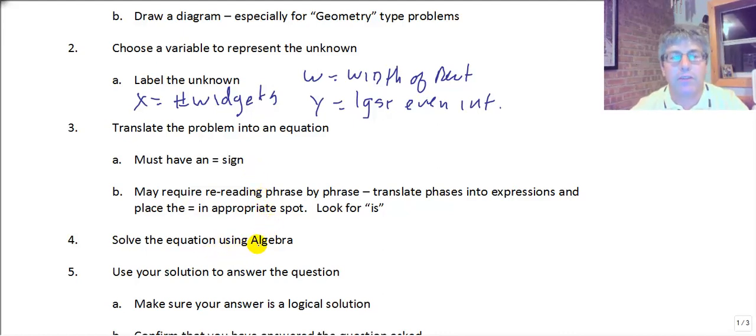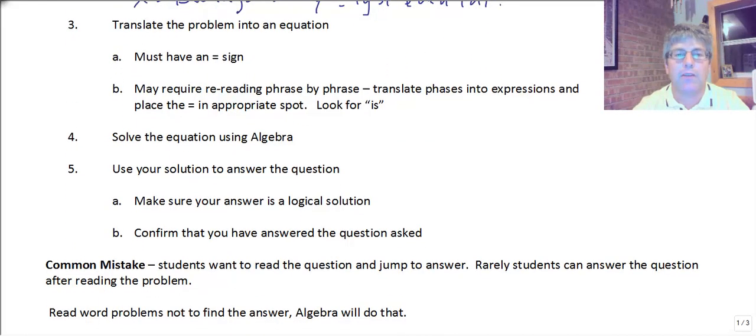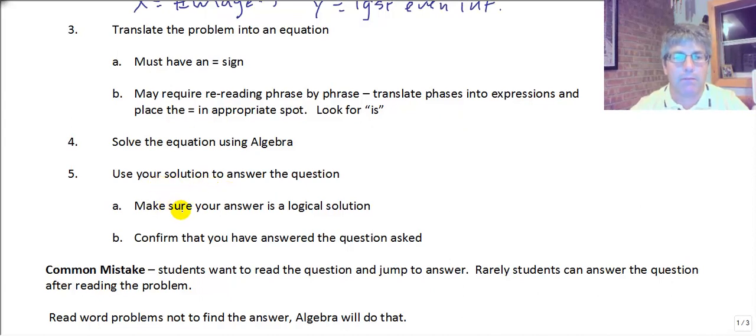Then we'll solve the equation using algebra, and then we'll use our solution to answer the question. Now make sure your answer is a logical solution. Sometimes it helps to substitute your answer back in for x. And make sure you confirm that you've answered the question asked.